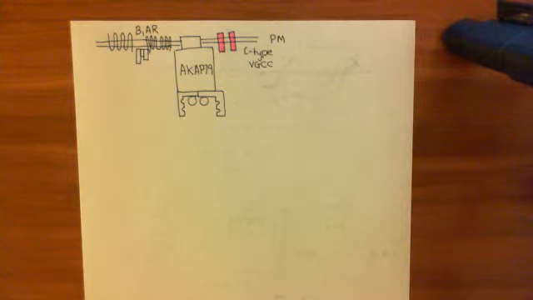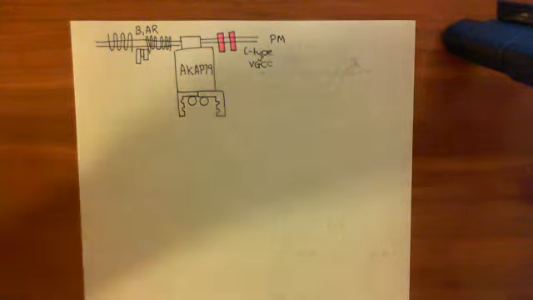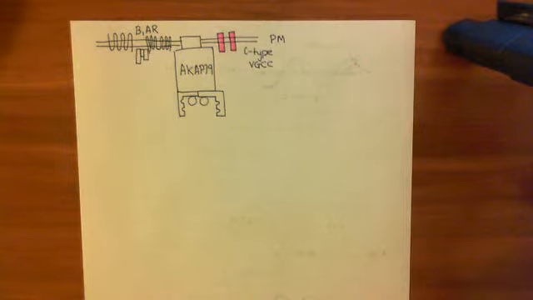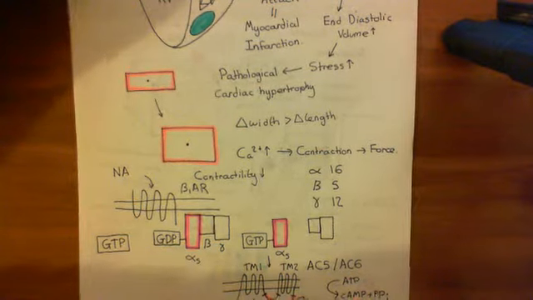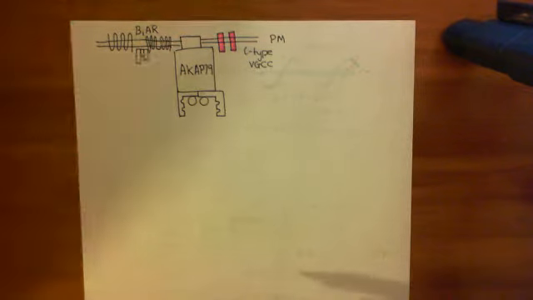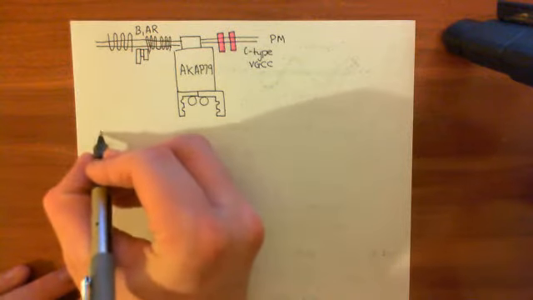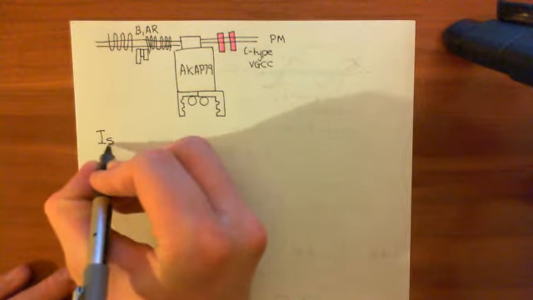Okay, so one last thing I want to talk about, which is quite simply another agonist for the beta-1 adrenergic receptor. So the drug that you would use experimentally to try and stimulate cardiomyocytes is the drug isoprenaline. So I just want to talk briefly about isoprenaline.